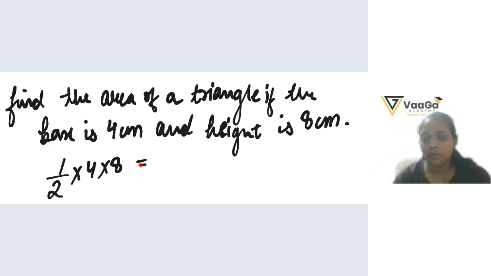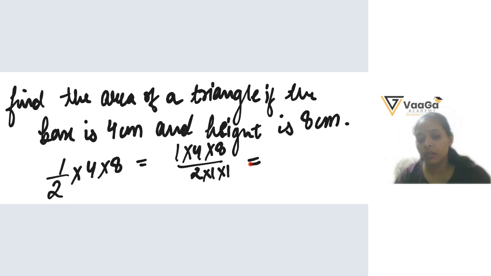If we solve this, 1 by 2 into 4 into 8, that gives 32 divided by 2, which simplifies to 16. Very good.